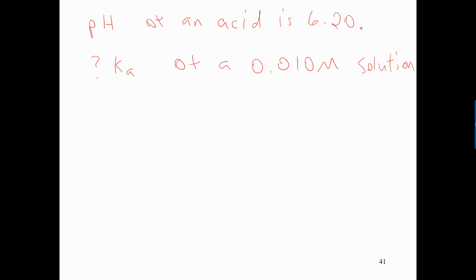What is the Ka of a 0.01 molar solution? 10 to the negative 6.2, so you've got to put it in as a negative.